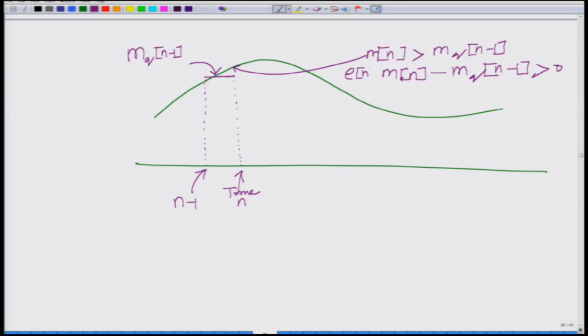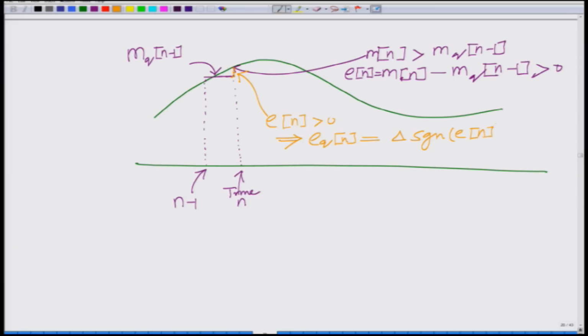Remember, this is your E of n, the error. This part is your E of n. So E of n is greater than 0, which implies EQ of n equals delta sign of E of n.